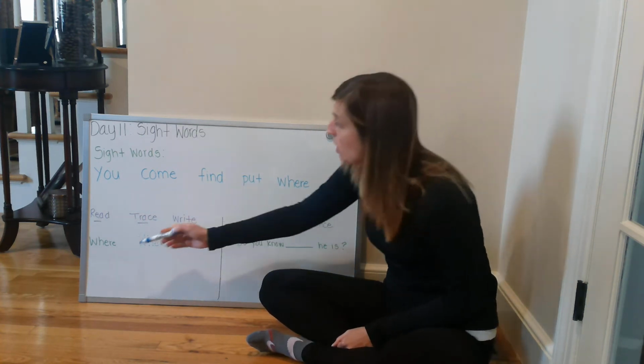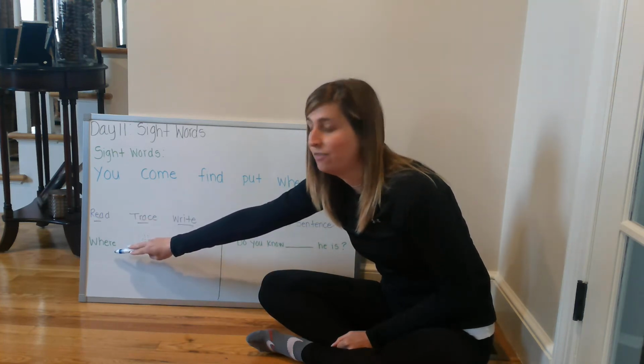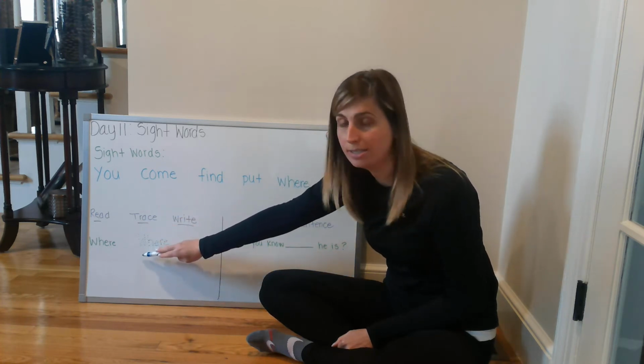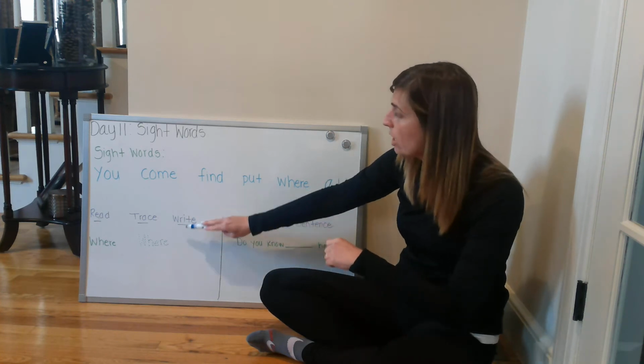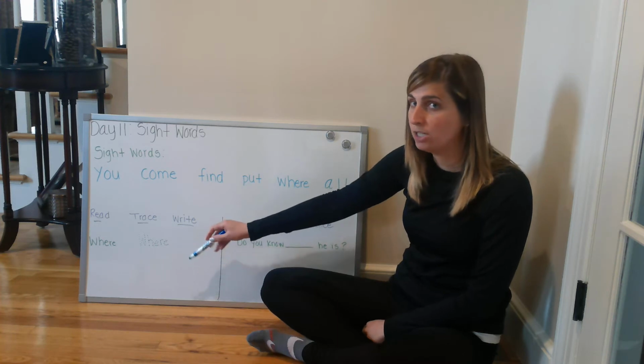Under the read category, you would read the sight word and identify it. Under the trace category, you would trace the sight word. And under the write category, you would write out your sight word. I'm going to demonstrate how that's done.